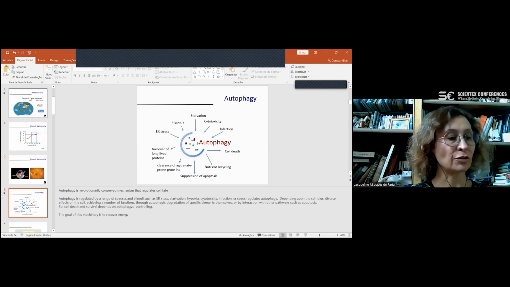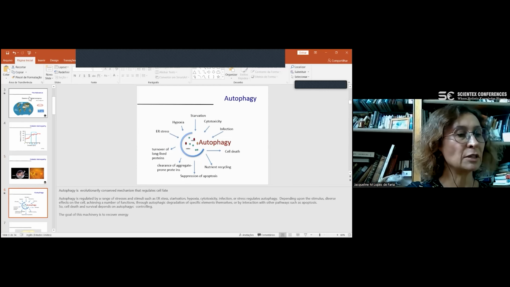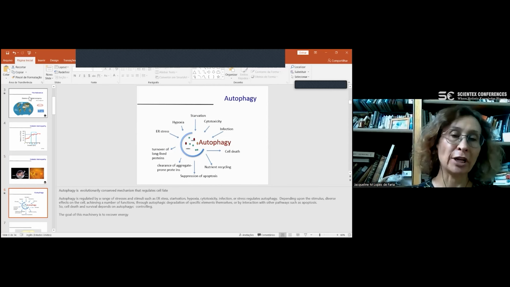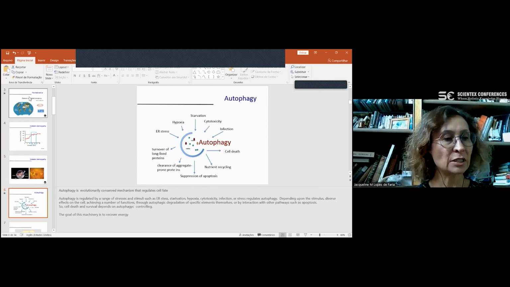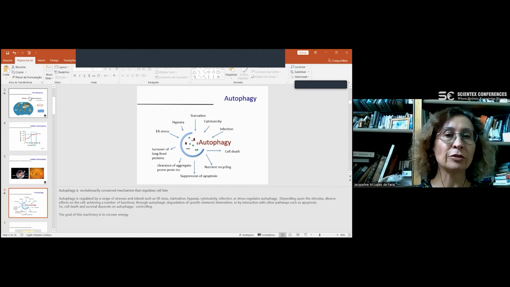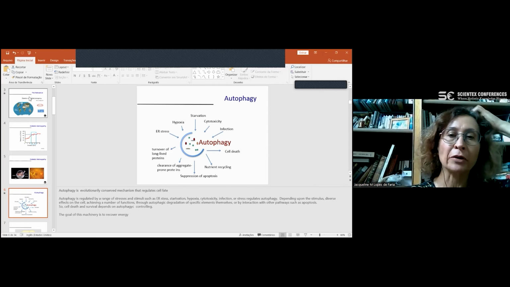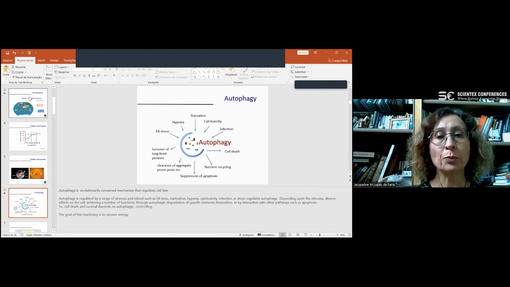About autophagy. Autophagy is a very well evolutionarily preserved mechanism, regulated by different stresses and stimuli, such as infections, cytotoxicity, starvation, hypoxia, endoplasmic reticulum stress, turnover of long-lived proteins, clearance of protein aggregates, suppression of apoptosis, and nutrient recycling, leading to either cell death or cell survival.